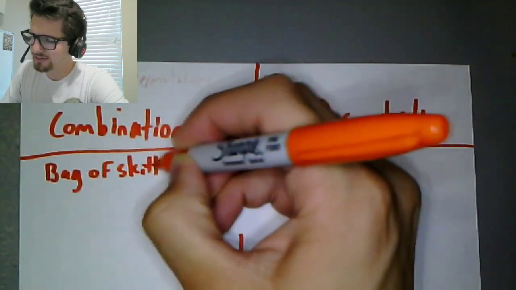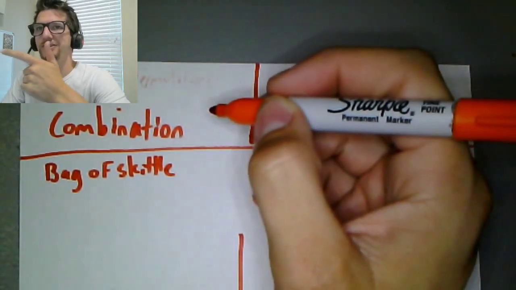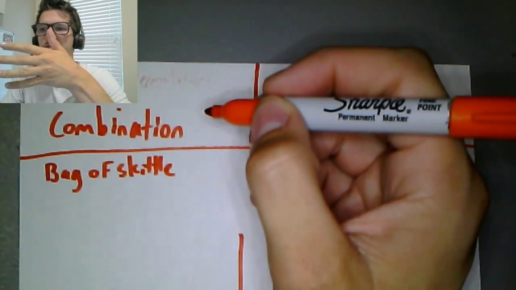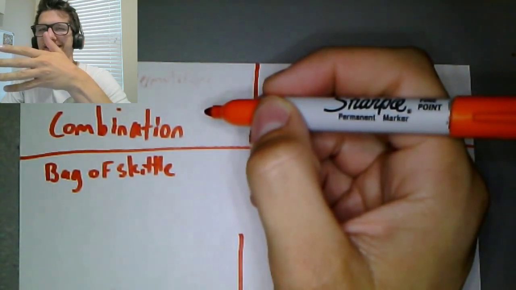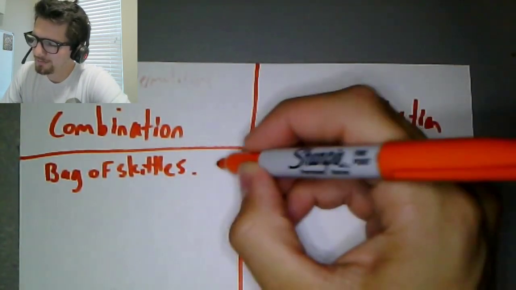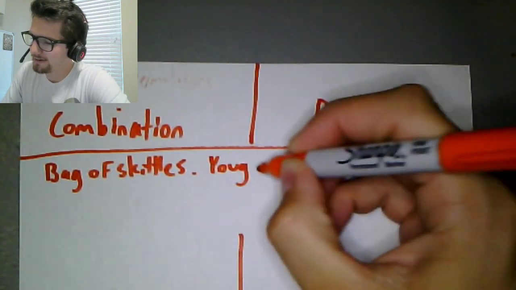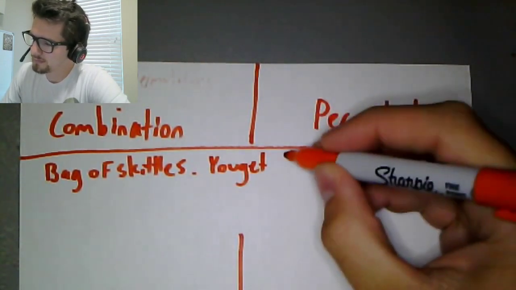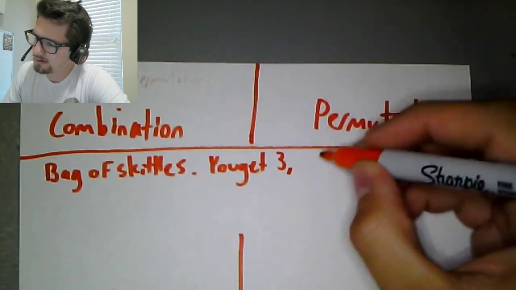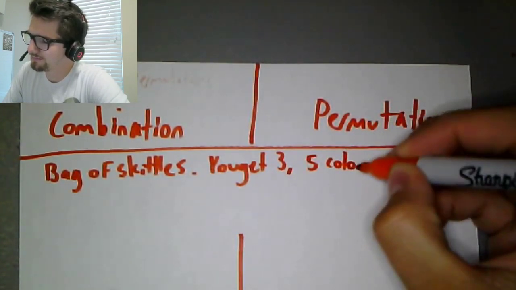How many flavors of Skittles are there? There's green, yellow, red, purple, orange. Is that it? I think that's it. 5. Okay, let's see. Bag of Skittles. You can have 3, and there are 5 colors.